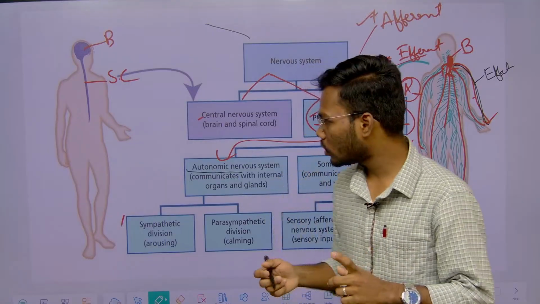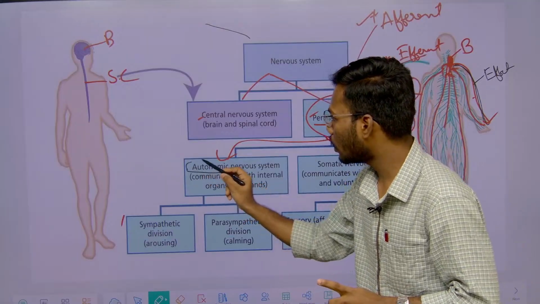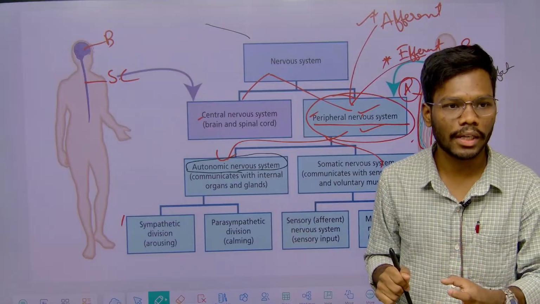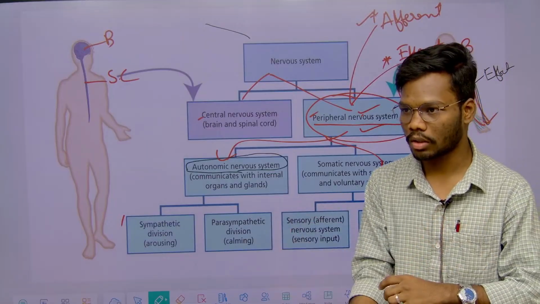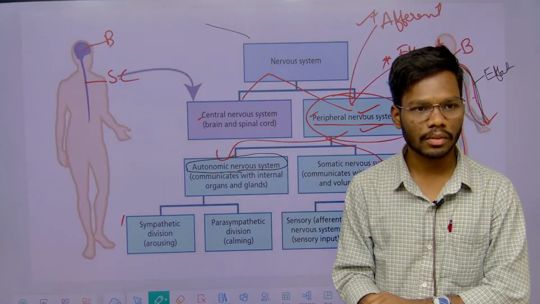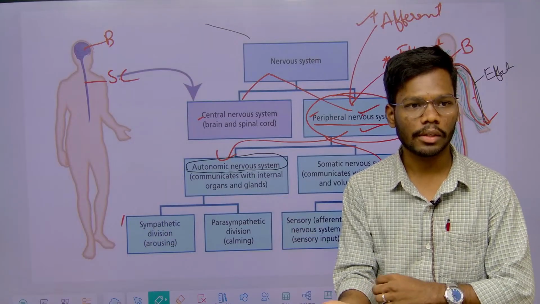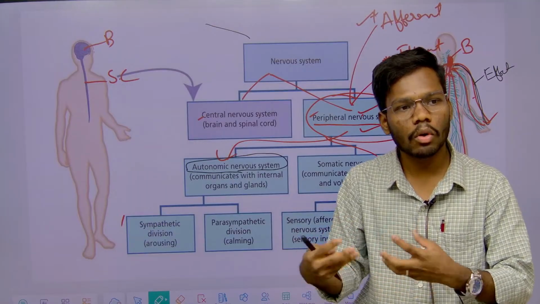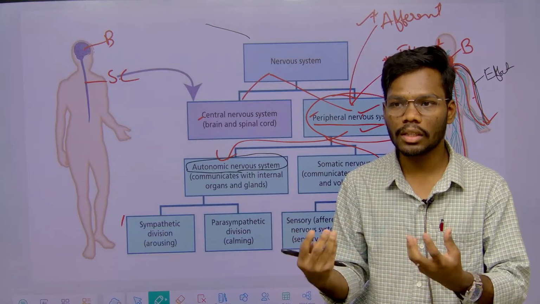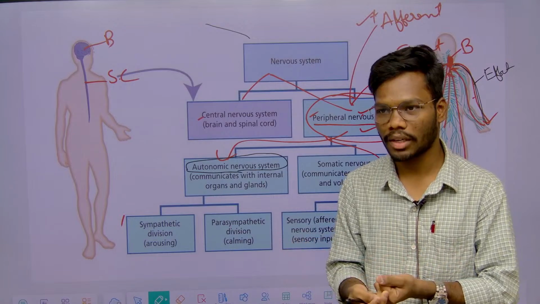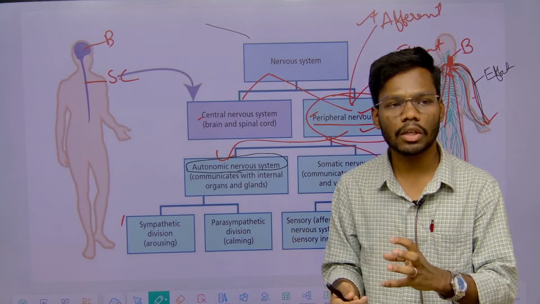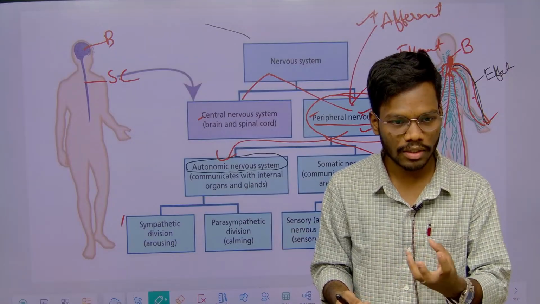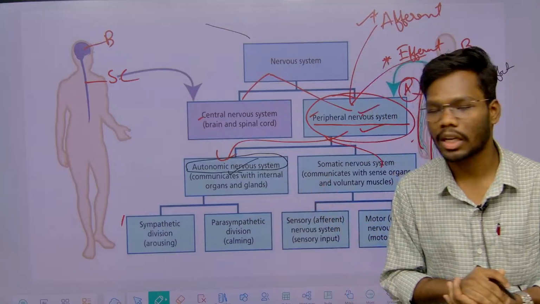Autonomous works the same way: the autonomic system functions on organs which are involuntary. We cannot control organs such as smooth muscles, the digestive and all the internal visceral organs. They perform their own activities without dependence on us. All these involuntary functions are done by the autonomic nervous system.